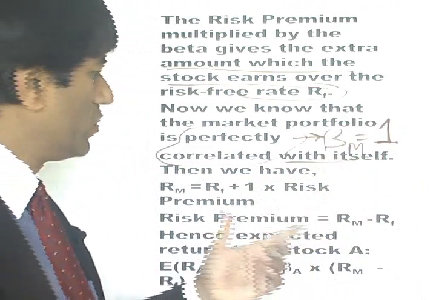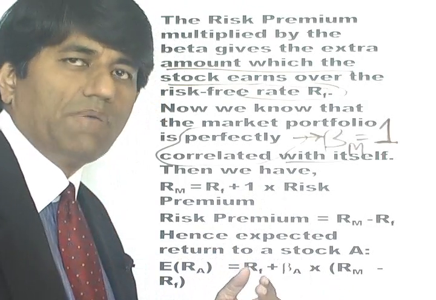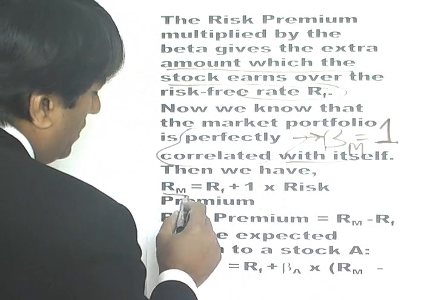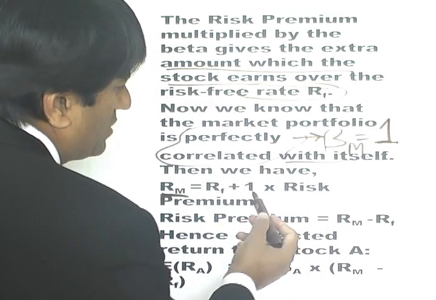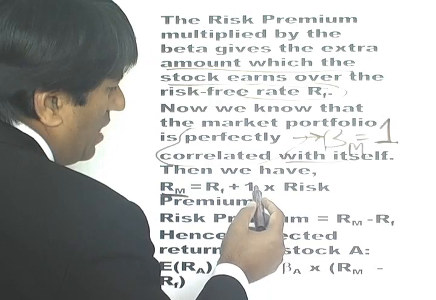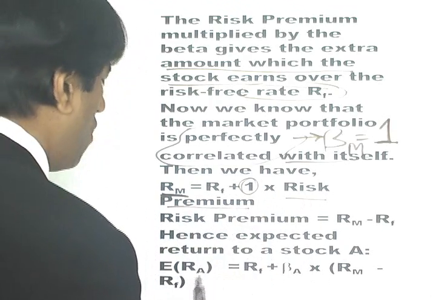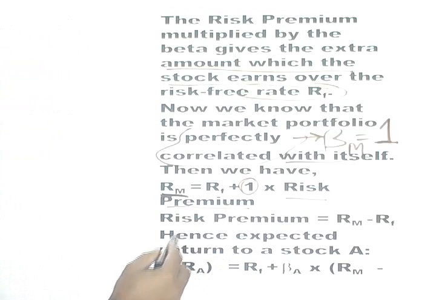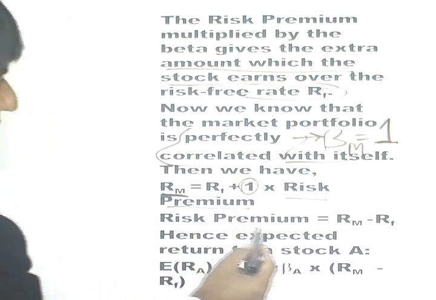And you take that, so you're looking at the return to the market, you put that into the CAPM equation, and it tells you that the return to the market is equal to the risk-free rate plus beta of the market, which is 1, multiplied by the risk premium. So this tells you that the risk premium is equal to RM minus RF.